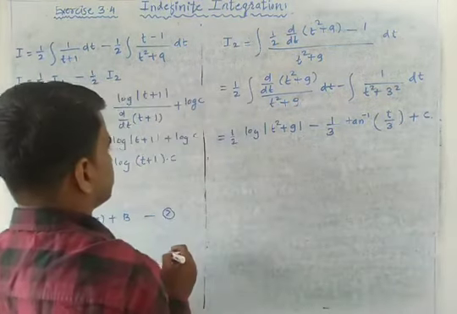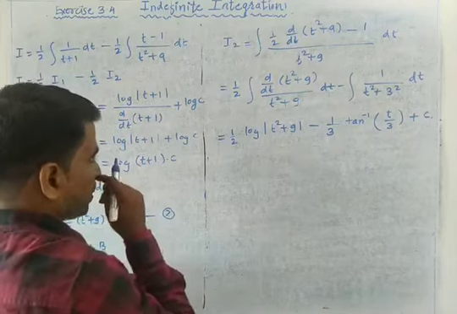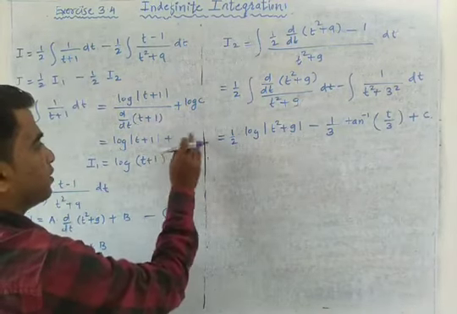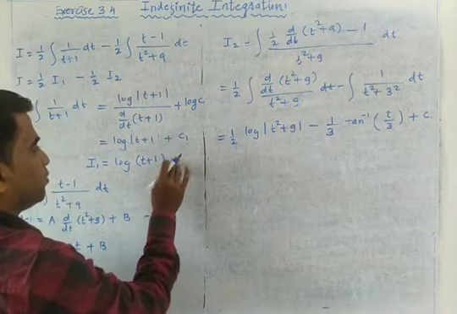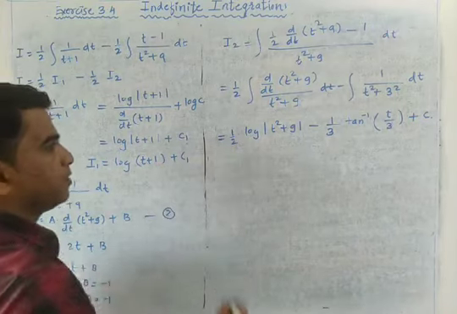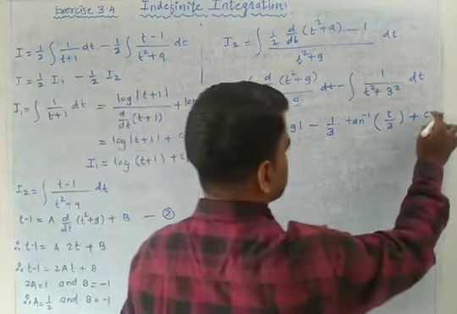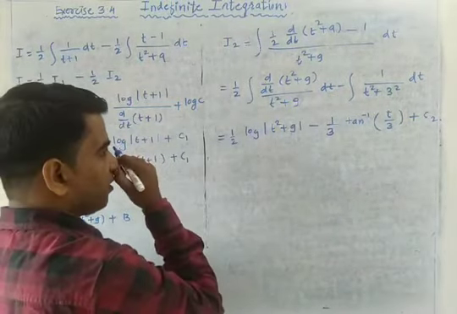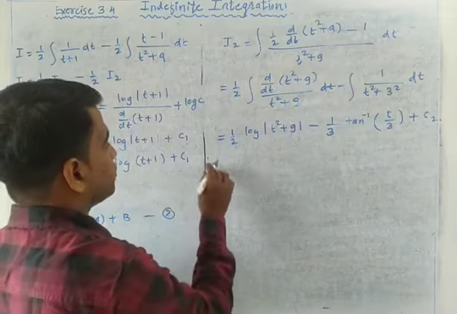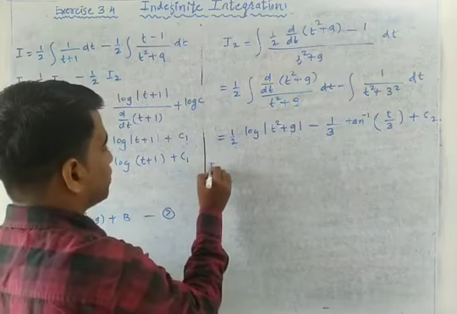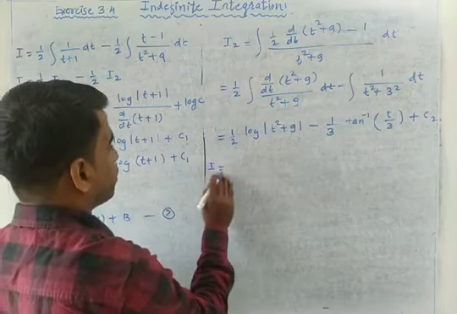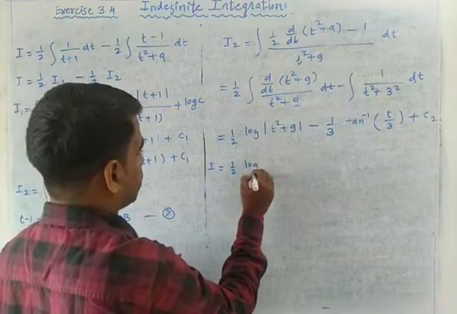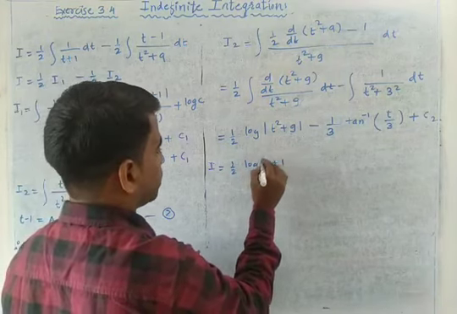Okay. We'll keep this as c1 here only, because we don't want to make any problem in simplification of that part, and this will be used as c2. Get it? So this is the value for I2. So now we are going to write value of I. So I is equal to half into I1. So value of I1 is half into log of t plus 1.